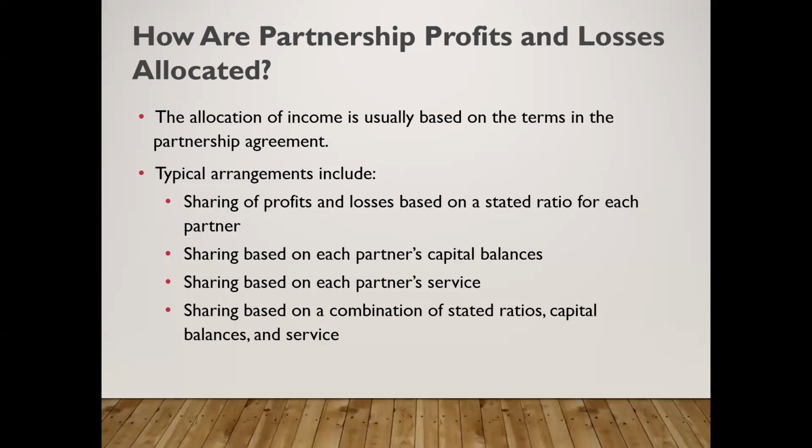So 4/10 to partner A, 3/10 to partner B, and 3/10 to partner C. Other arrangements are sharing based on each partner's capital balance, sharing based on each partner's service, or sharing based on a combination of stated ratios, capital balances, and service.